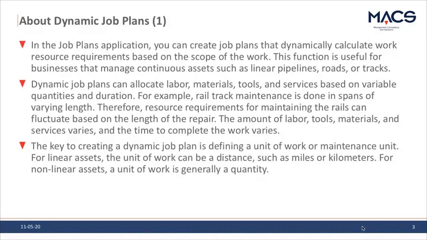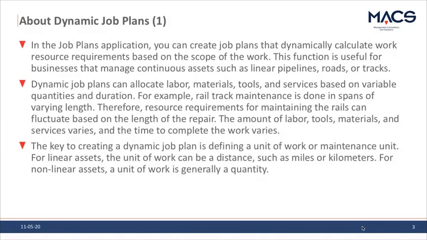This could be useful, for example, if you have to work with linear assets like pipelines, roads, and tracks. You can allocate labor, materials, tools, and also services. You don't have to use all four, of course, but you have the possibility. And you can allocate them based on variable quantities and duration.